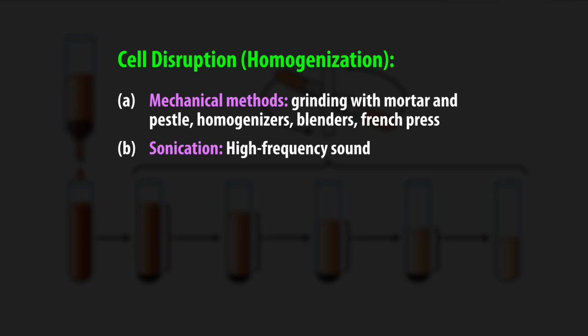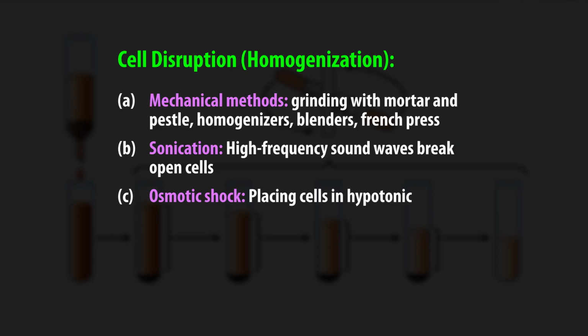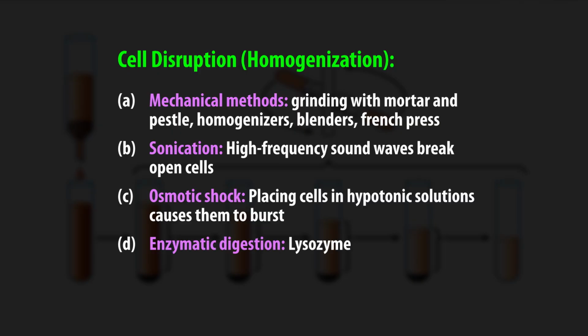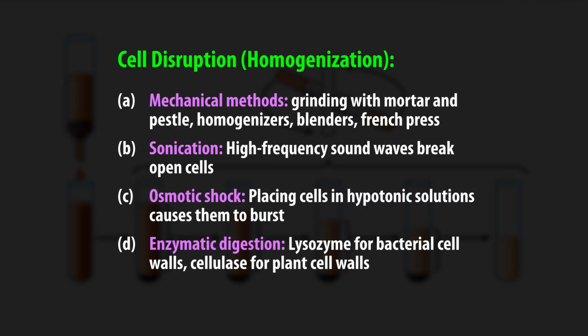Sonication: high frequency sound waves break open the cells. Osmotic shock: placing cells in hypotonic solutions, causing them to burst. Enzymatic digestion: lysozyme for bacterial cell walls, cellulase for plant cell walls.